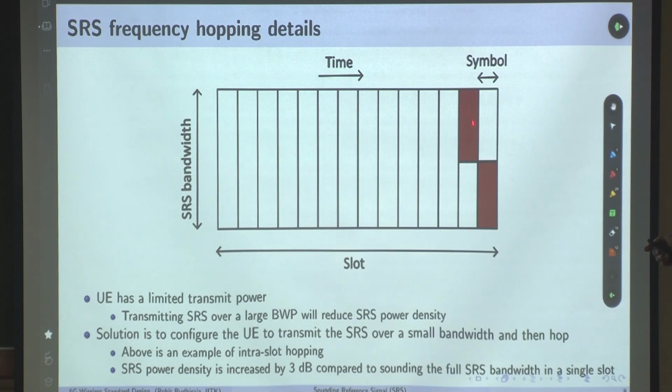Basically your effective power is 250 milliwatt, but it is only being used for fewer PRBs. So the effective power is doubling. Same is the case here. That's what is said over here.